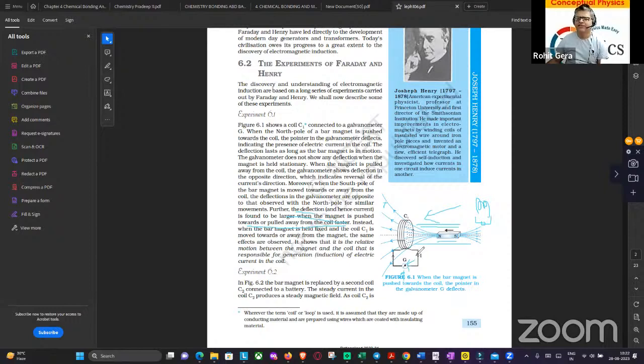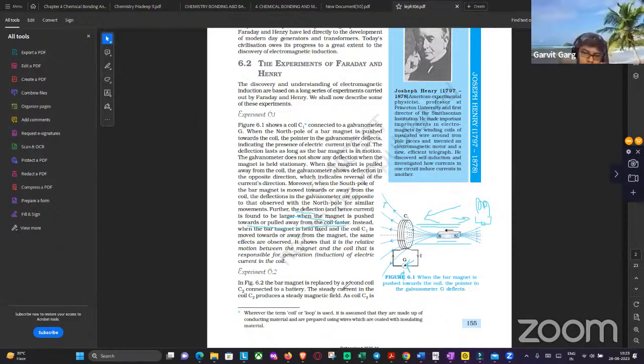So the magnetic field lines which are passing through the coil are either increased or decreased. अगर increase करोगे तो अभी आपको डिफ्लेक्शन नजर आएगी, और अगर डिक्रीज करोगे, दूर वापस ले जाओगे, तो भी डिफ्लेक्शन नजर आती है.